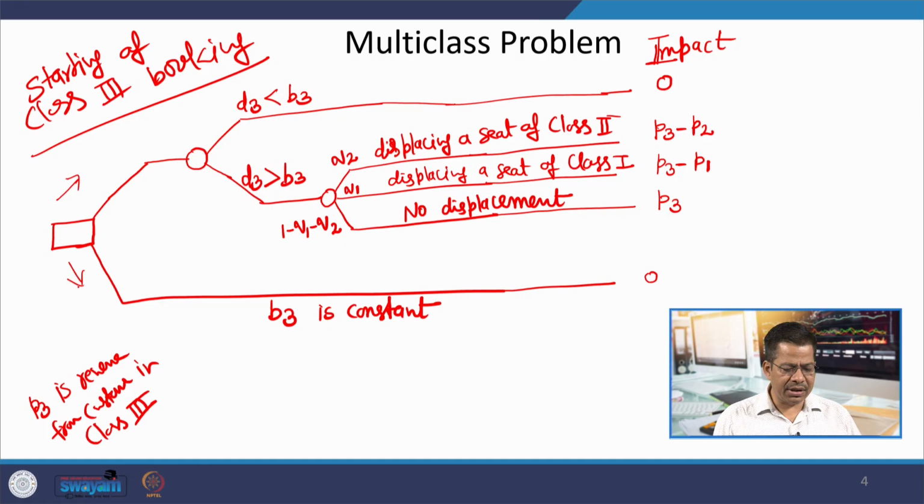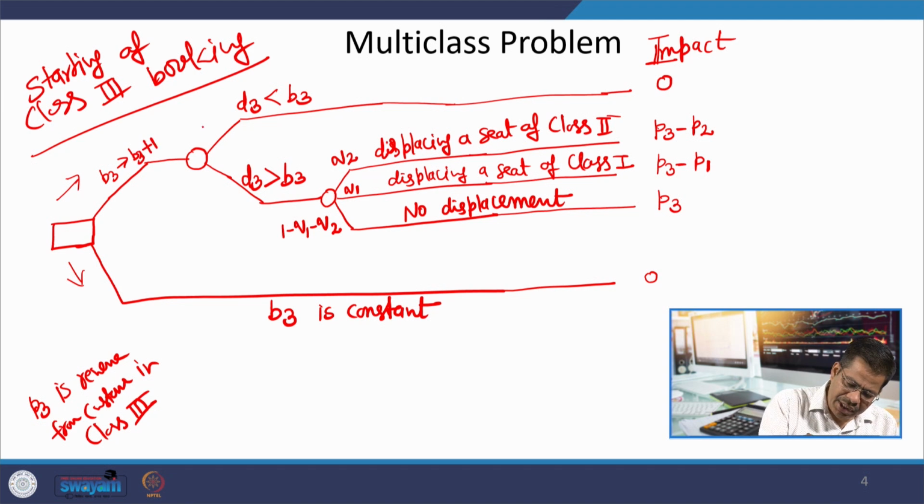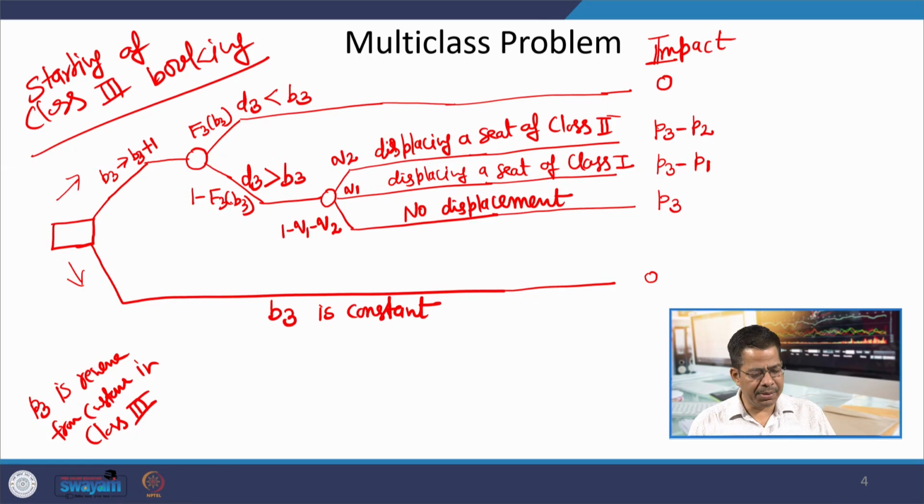Now, you can see the probabilities of all these things. Here we are increasing B3 to B3 plus 1. So, the probabilities are F3 of B3 and this is 1 minus F3 of B3.